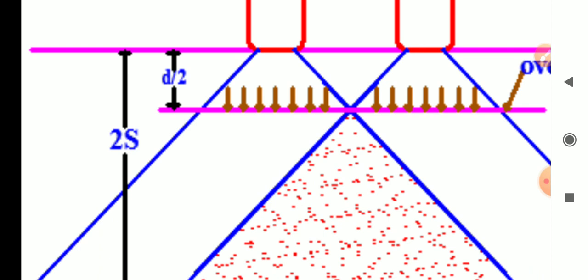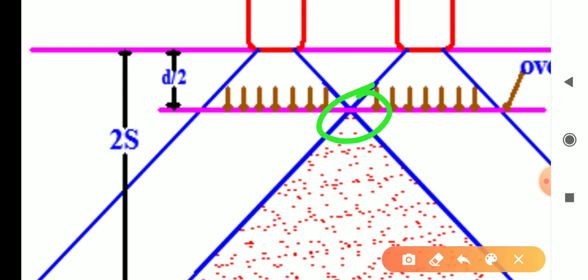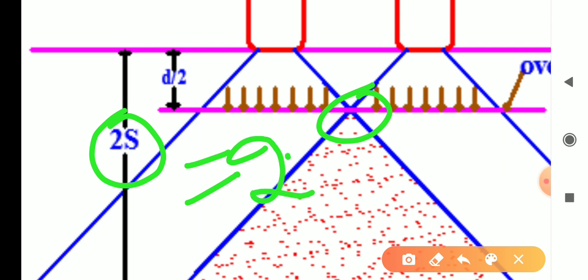But once it crosses the overlap point, those stresses act as 2S, and the corresponding load should be 2P. So this is very, very important. This is the dual wheel load, or this is ESWL.